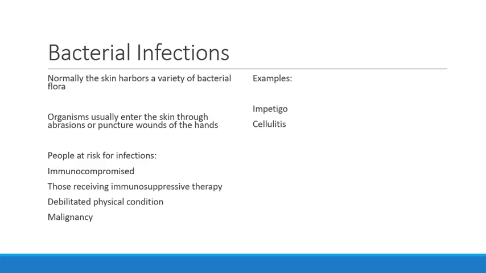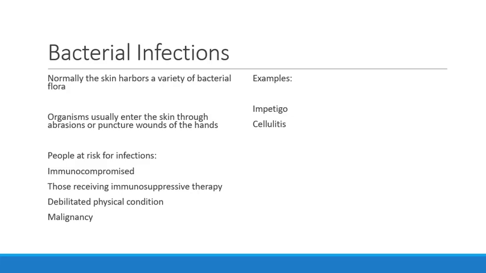Bacterial infections, so there's normally a variety of bacterial flora on our skin. Organisms will enter the skin through abrasions or puncture wounds. People who are at risk for infections are those who are immunocompromised, those receiving immunosuppressive therapy.